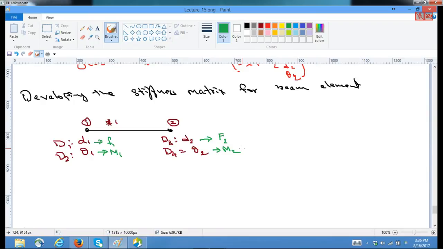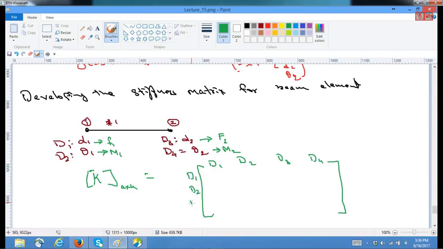Before that, since we have 4 degrees of freedom, our K is a 4 cross 4 matrix corresponding to D1, D2, D3, and D4. So how do you determine this vector?